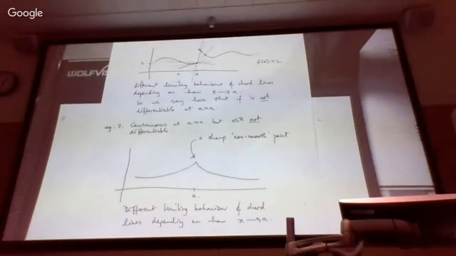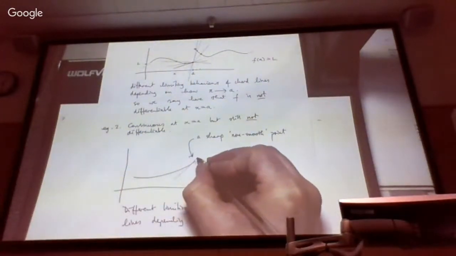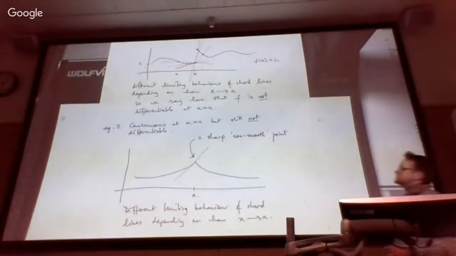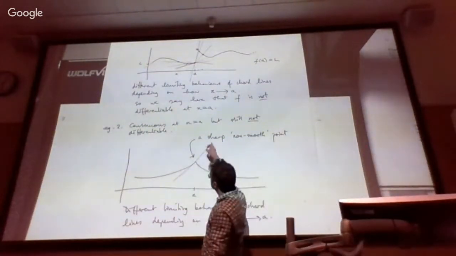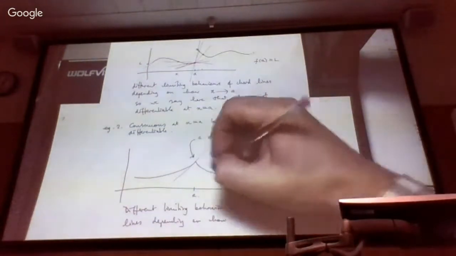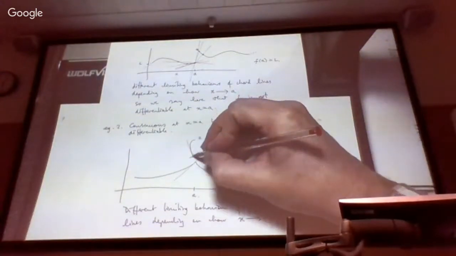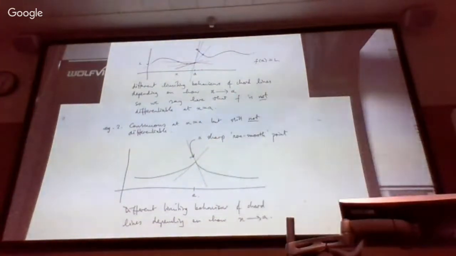You've got one kind of behavior as the chord lines approach a from the left. You've got blue, one-sided tangent line, so to speak. But if you approach a from the right, your chord lines are probably going to be approaching this red line there.